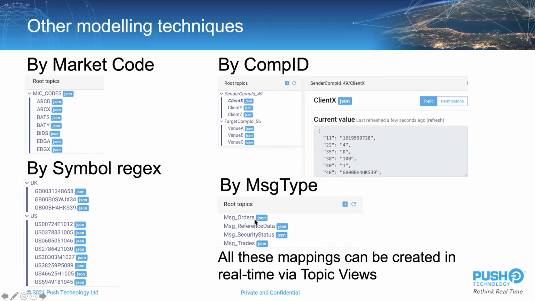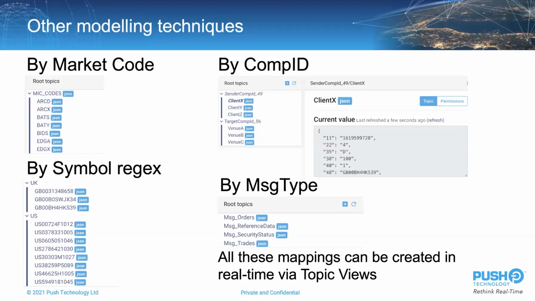And then when we also talk about splitting up by message type, by the type of the data, splitting up by, for example, just security status means that we can get our algos the security status changes, like an intraday auction or volatility auction or something. They can be informed immediately without having to consume the huge market data feed, all the orders and trades and everything else.